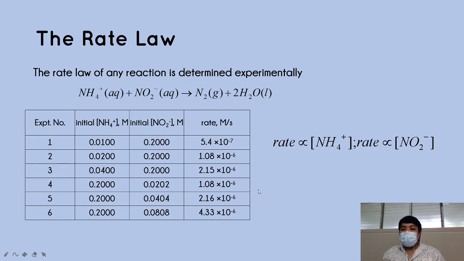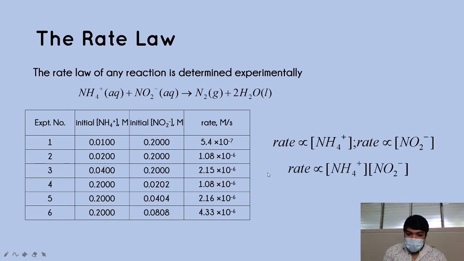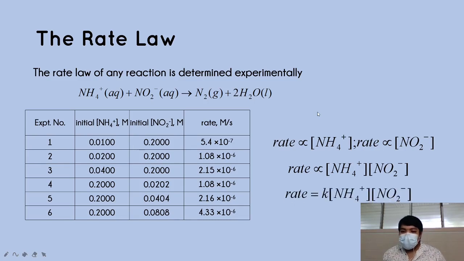So combining these two relations that we have obtained, we can say that the rate is affected by the initial concentration of both reactants in our reaction here. Insert a constant, and the rate law will be this one here.